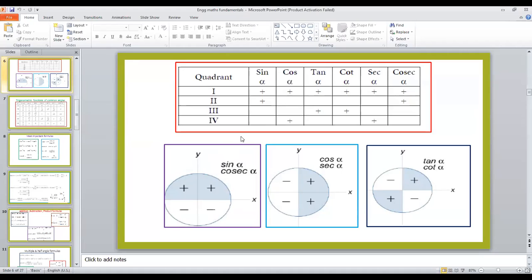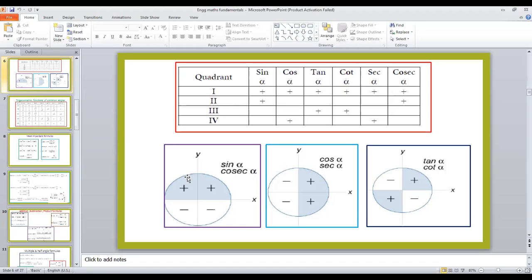See here, add sugar to coffee. The first letter is A. A means all trigonometric ratios are positive in the first quadrant. Means sin, cos, tan, sec, cosec, cot are all positive in the first quadrant.